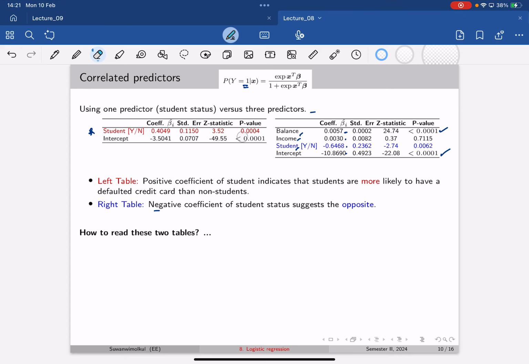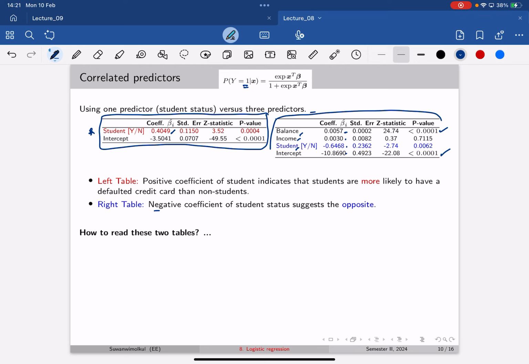So in the previous example, the table on the left-hand side, we see that if you're a student and the coefficient is positive, it encourages the chance that that credit card will be canceled. But in this case, when you add more features, it just turned out that there are other features that outweigh that chance, such as the balance, which will have more impact towards making this credit card canceled.